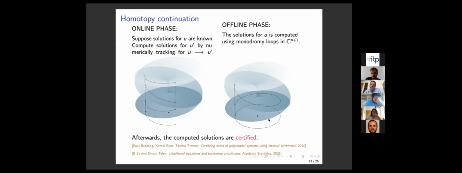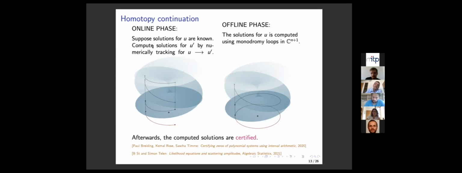Here the base of this is a slice of data space u. Then over it, you have a certain number of critical points. You loop around, and exploiting the monodromy, you pick up more and more solutions as you loop around. And eventually, you will no longer pick up solutions. You have a first full set of solutions.